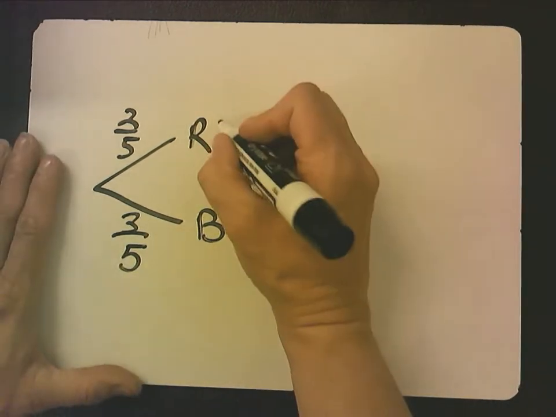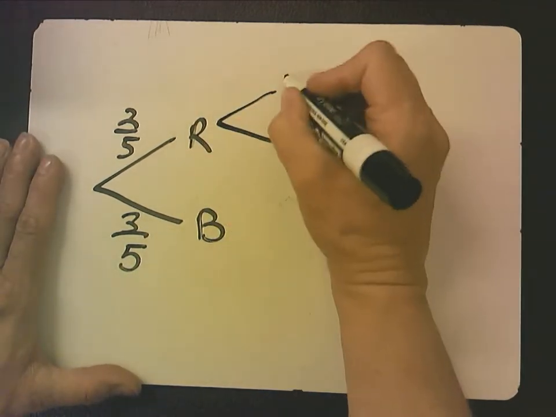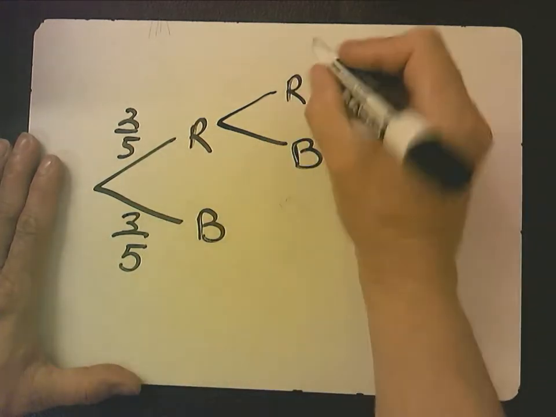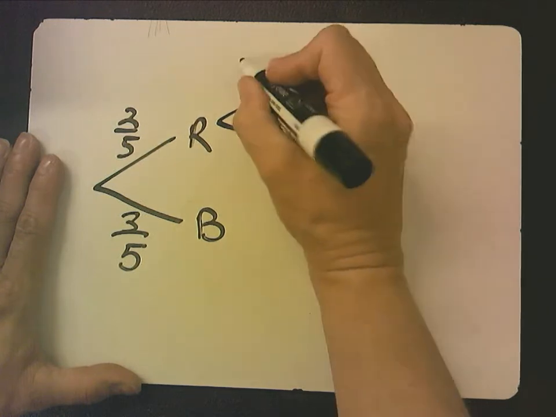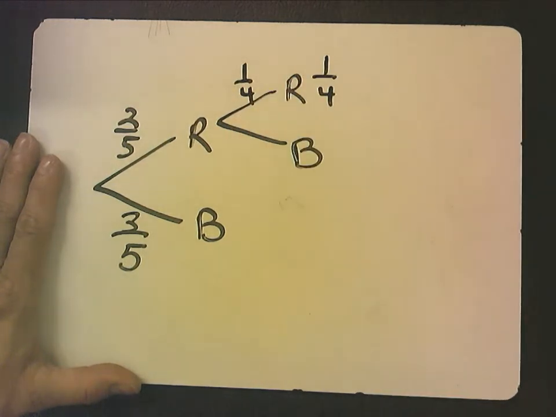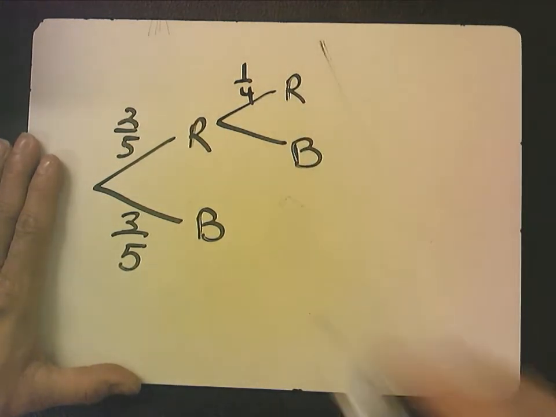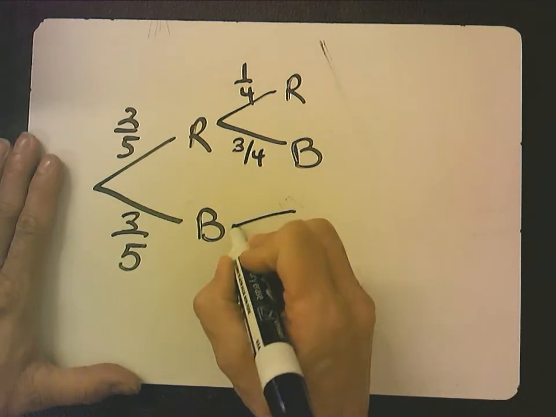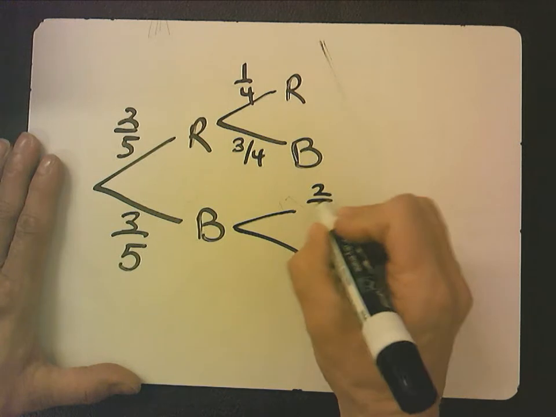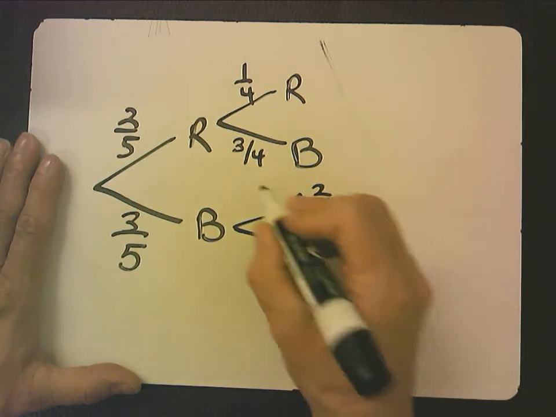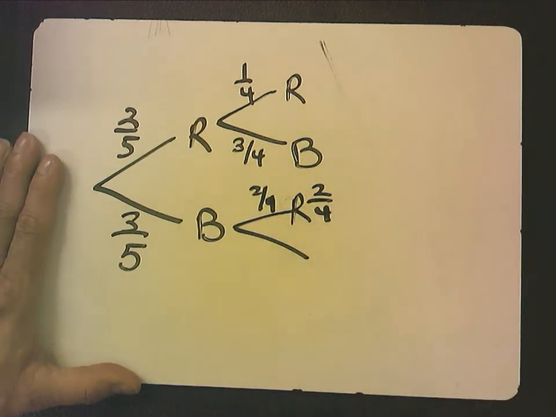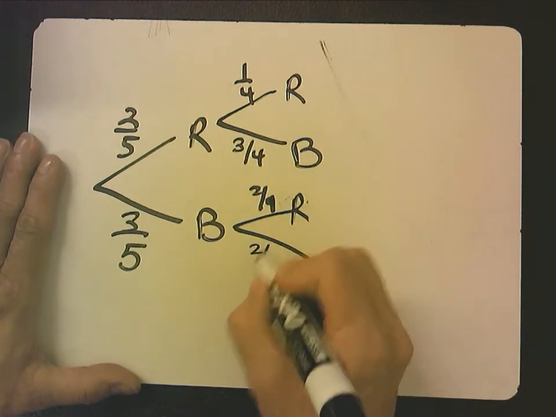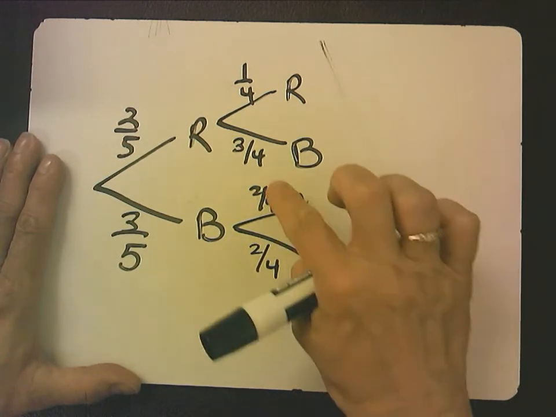But if I get a red and I don't replace it, my probability of getting another red is only 1 out of 4, because there's only 4 marbles left. Now, my probability of getting a blue would be 3 out of 4, because there's 4 left, but 3 are blue. But if I first choose a blue, 2 out of 4 would be red, and 2 out of 4 would be blue.